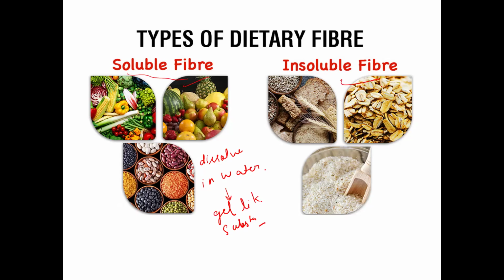Whereas insoluble fiber does not dissolve in water, so we say it's insoluble, and it adds bulk to stool. Sources are whole grain, vegetables, wheat. So it's a grainy thing.